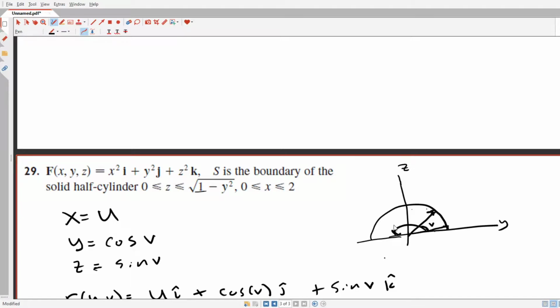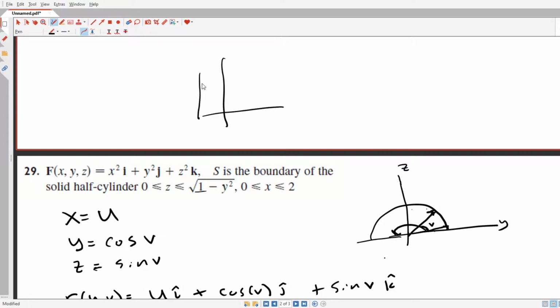Why did I set x equal to u? Basically because I was thinking cylindrical coordinates.